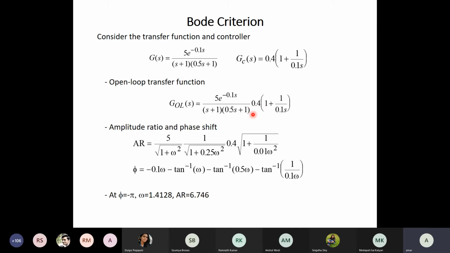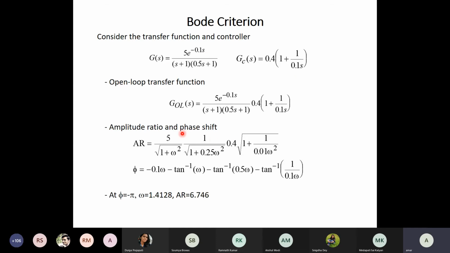From this GOL, I can calculate AR and phi, and I put phi equal to minus pi to find out the omega over here. From this omega, I can calculate what the AR will be. Since this AR is greater than 1, I know this system is unstable because of this controller.